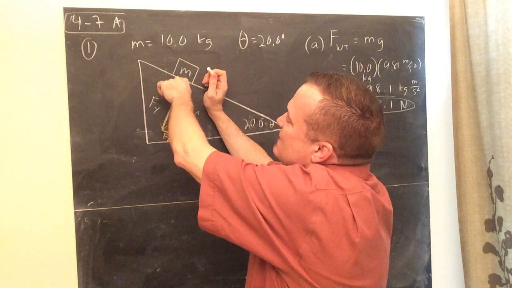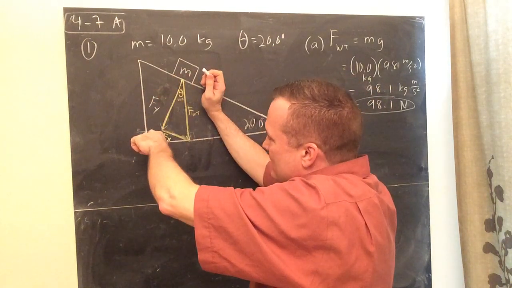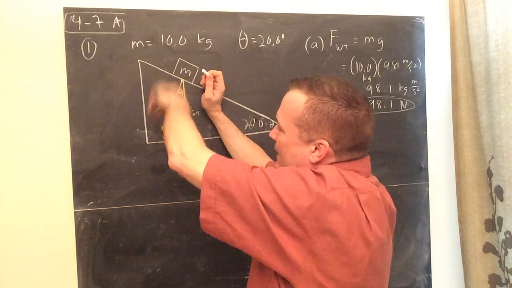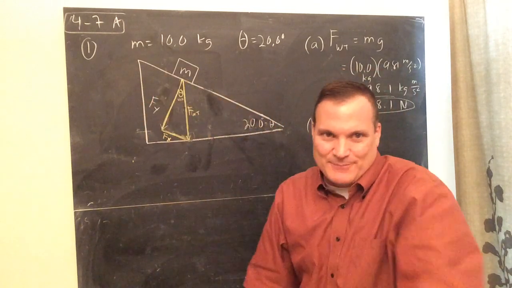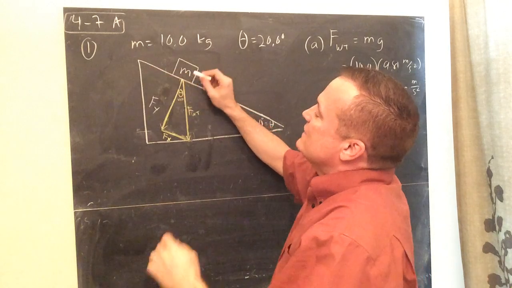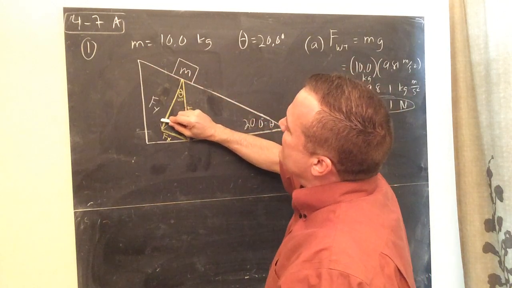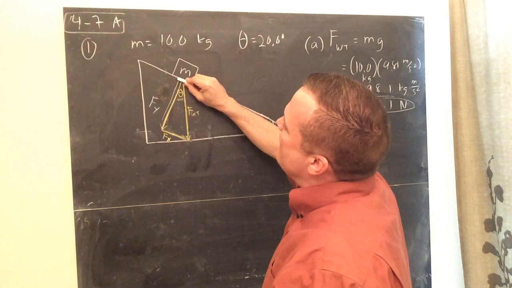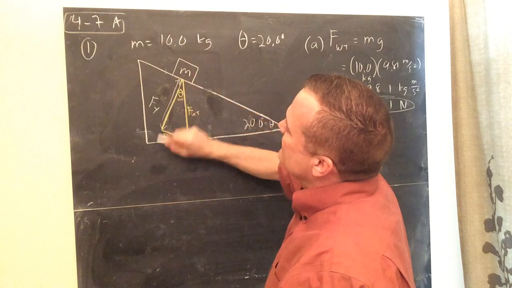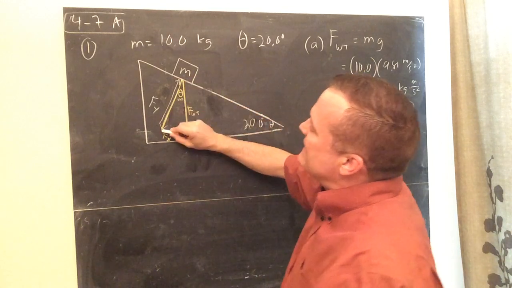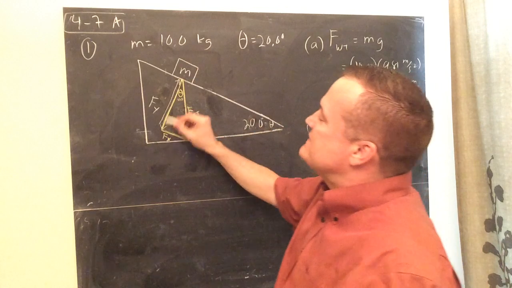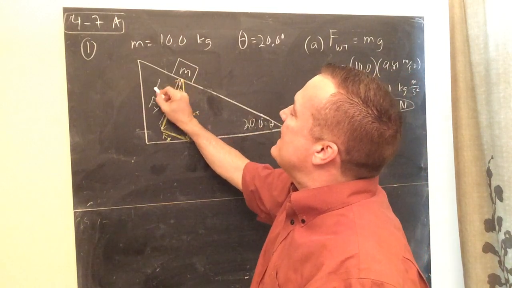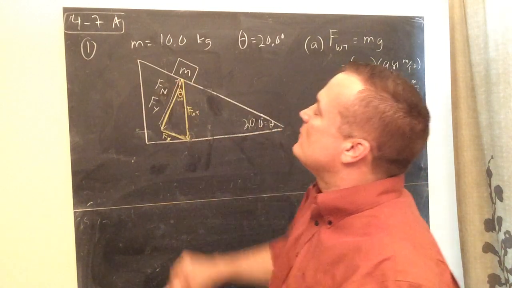Now, this is not breaking through the ramp. If it were, then we got a problem. Okay, but it's not. It's supporting it. So it is being supported by a force in the opposite direction going up. So it's the same as Fy. Fy goes down, but the one going up would be Fn, the normal force.